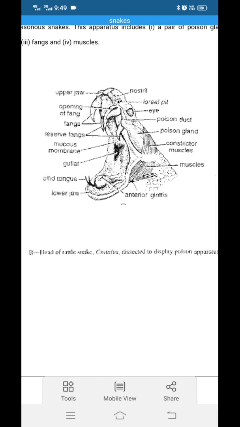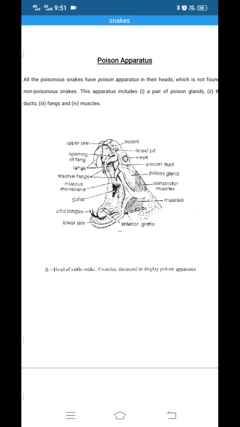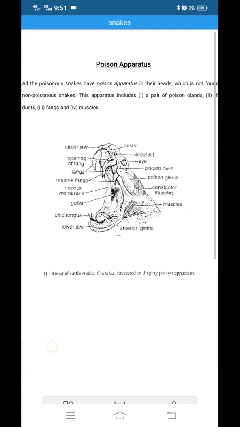So on the basis of structure and position, three types of fangs are found in the different poisonous snakes. These are as follows. This type of fang is the Solenoglyphous fangs, which is present in the case of rattlesnakes and vipers.